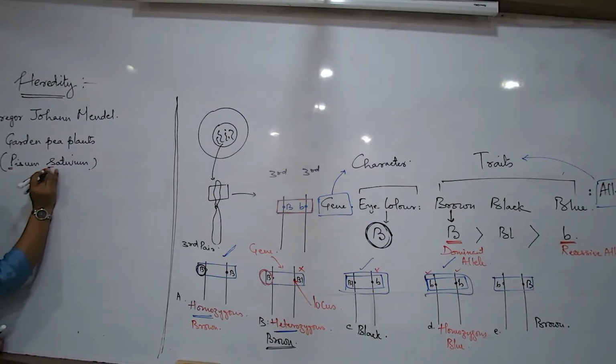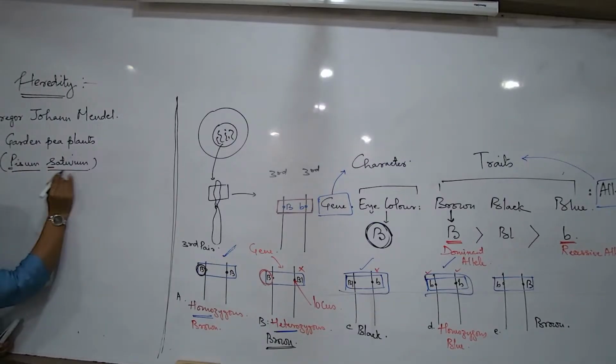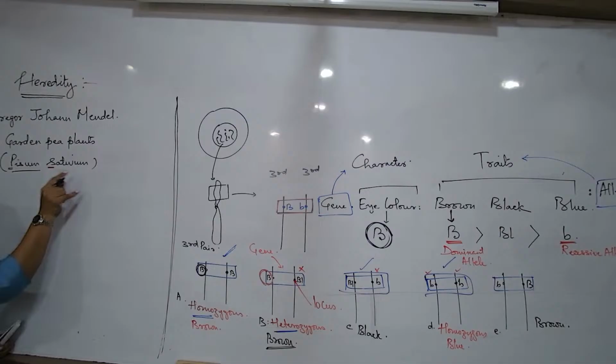The first letter of the specific name should be a lowercase letter. And since we are not able to write in italics, we have to underline them like this. Clear?